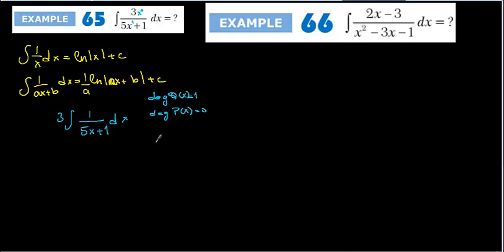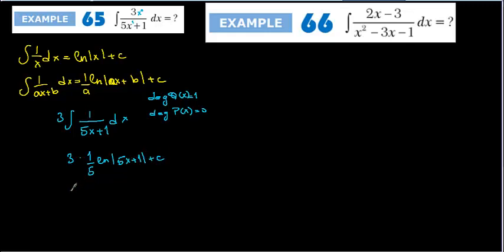In this kind of case, of course, we are going to use the ln absolute value of ax plus b method, and this is going to be equal to 3 times 1 over 5 times ln absolute value of 5x plus 1 plus c.